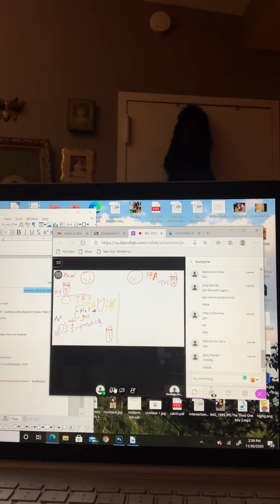For the SIM, unlike the TSI, you need a reagent. For the SIM tube, what do you have to add? Yes, the Kovacs reagent in your tube.